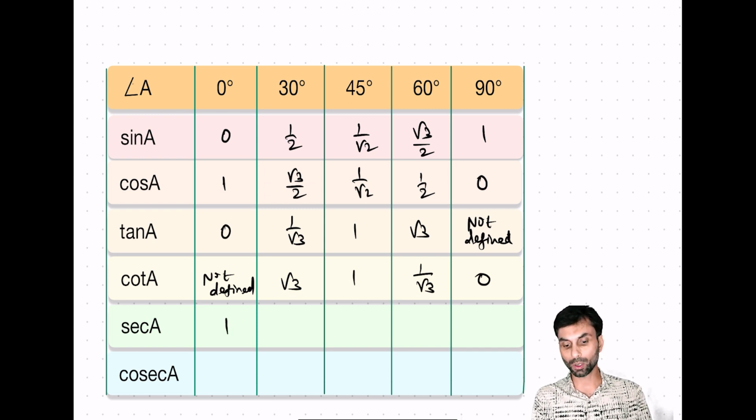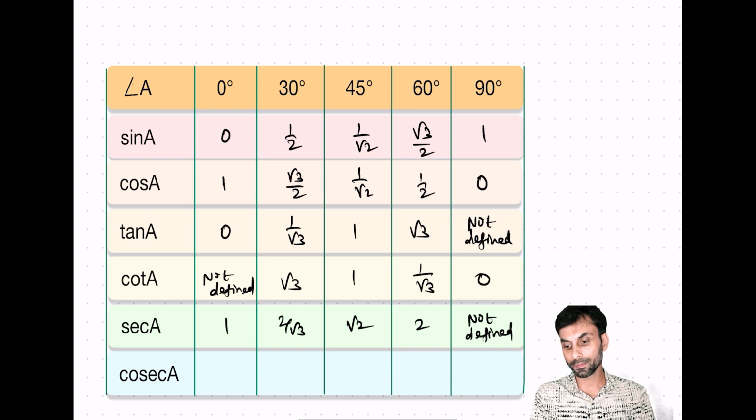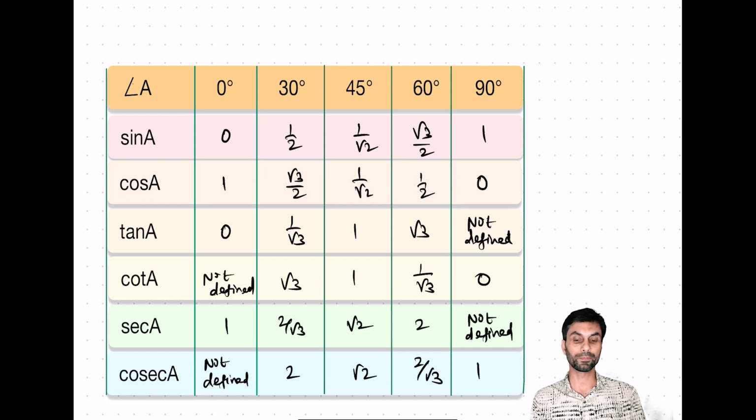Sec A, which is the reciprocal of cos, will be 1, 2 upon root 3, root 2, 2 and not defined. The value of cosec A, which is the reciprocal of sine, will be not defined, 2, root 2, 2 upon root 3 and 1.